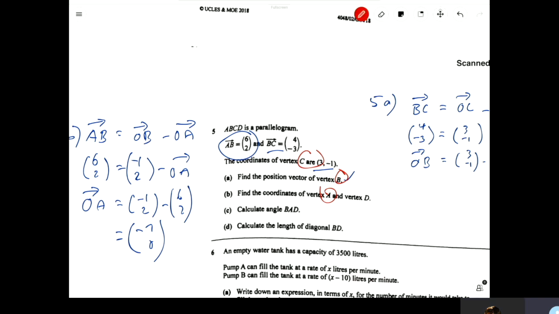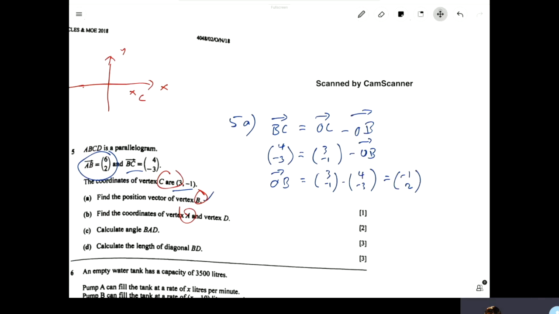Now C is, let's say this is a coordinate, C is 3, negative 1. 3, negative 1 is somewhere here. And then A is minus 7, 0. Okay, C is here. A is minus 7, 0, here. A is here. And B is minus 1, 2.